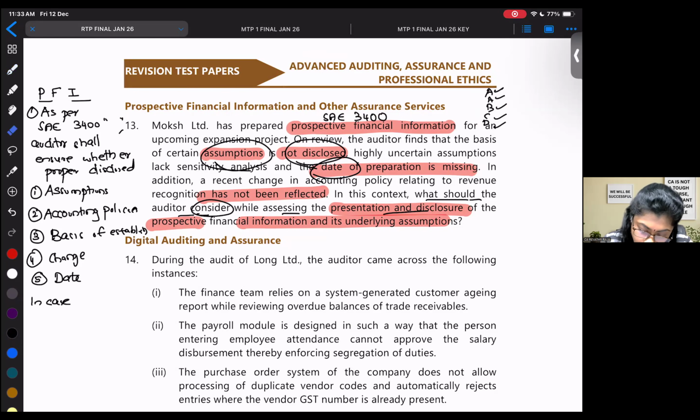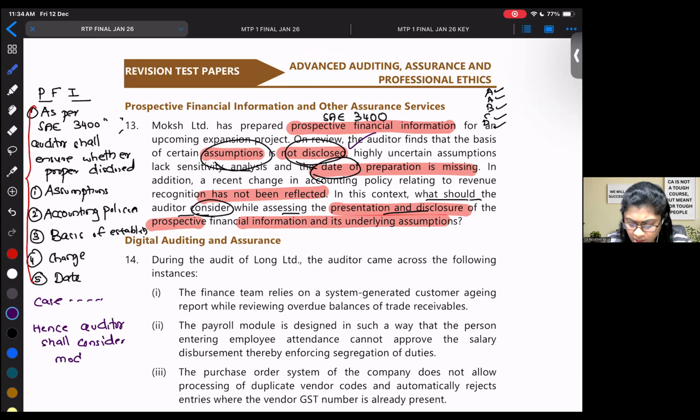This is the first main point. In the given case, you can write like this: in the given case, they have not disclosed, hence the auditor shall consider modification. Meaning you will go for adverse. That's it.